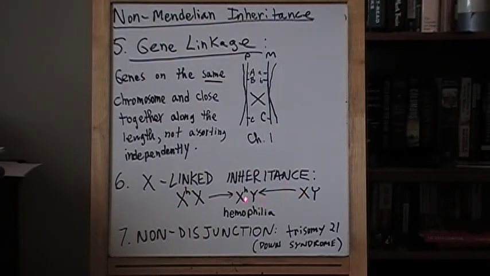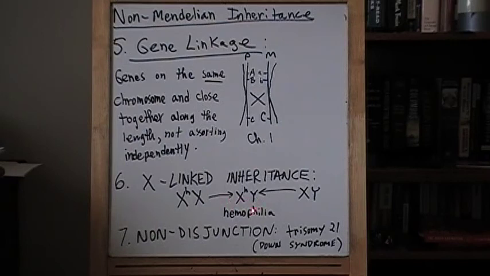Now the male doesn't have two X chromosomes, he has an X and a Y chromosome. And so if a male inherits the mutated X chromosome from his mother and the Y from his father, of course, then he's got a single X chromosome with the mutation there. And so now there's no normal healthy copy of the X chromosome to mask the mutation, and therefore the disease is expressed.